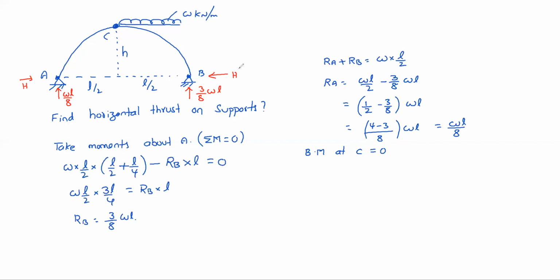So bending moment here from left side, WL by 8 into L by 2 clockwise minus H into H equal to 0. Bending moment is 0. So H equal to WL square by 16H. So that is the way of finding horizontal thrust. Okay.